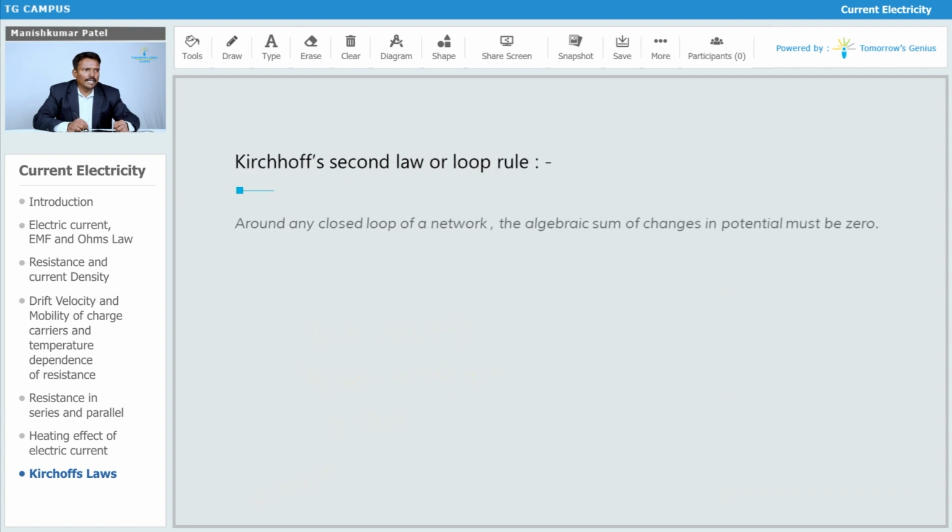Now the Kirchhoff's second law says that the algebraic sum of changes in potential around a closed path must be 0. Let's say this is a path consisting of one closed loop.